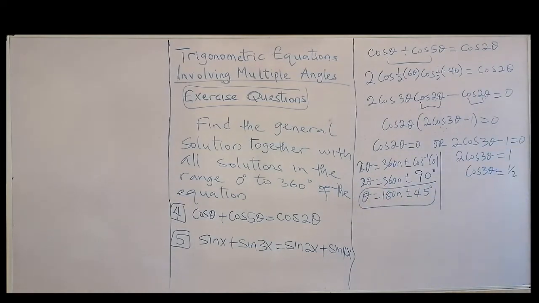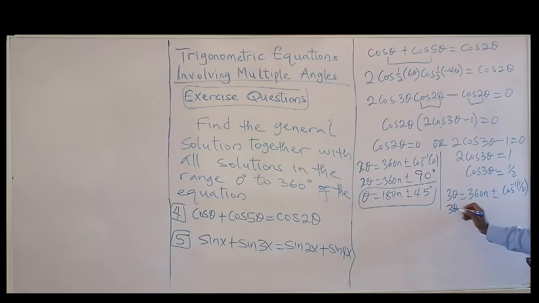Then for the other one we have 3 theta equal to 360 n plus or minus inverse cosine of half. That's 60.